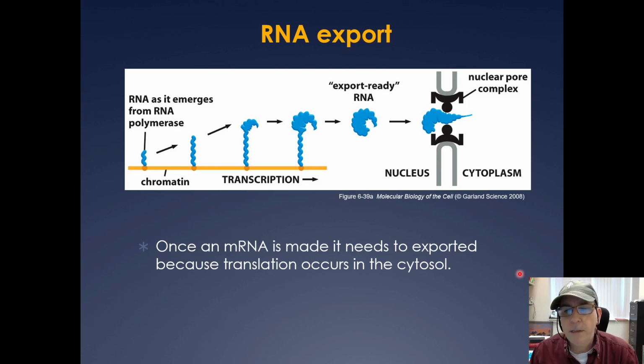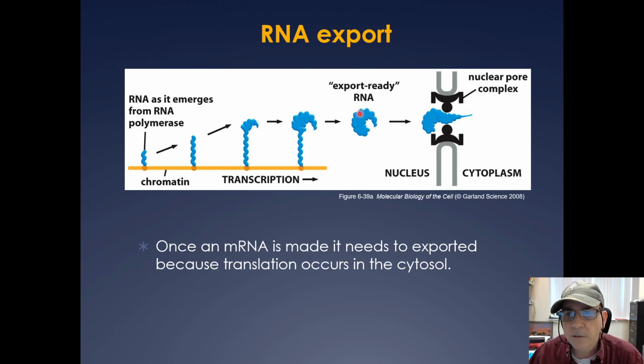Okay, so once the messenger RNA is fully processed, it's basically export ready. So let's look at this. You have initiation where the RNA polymerase is creating the messenger RNA, the 5' cap is put on, and as the RNA polymerase is traveling down, the messenger RNA is spliced, and eventually when it hits the termination, the RNA is fully processed and the poly A tail is put on.